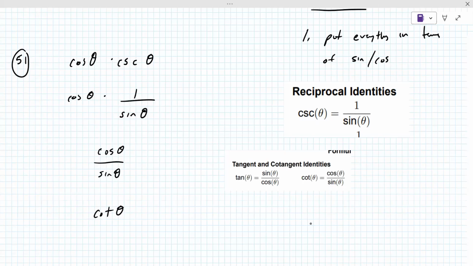Let me give you another way to look at this that might be helpful. If you were to graph the first one and graph the last one, they would be exactly the same. They're equivalent expressions. So you might ask, why would they do this? What's the point? I don't know. These are just trigonometry problems.